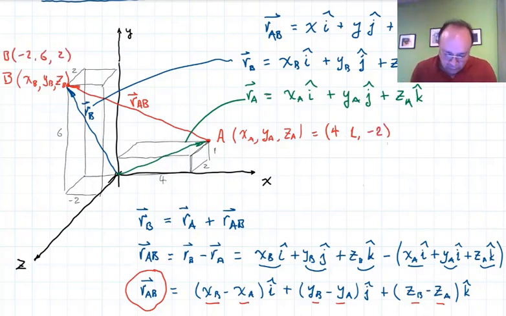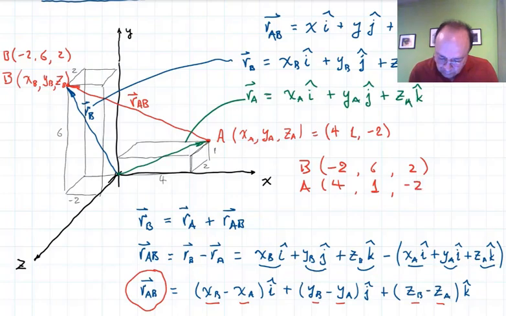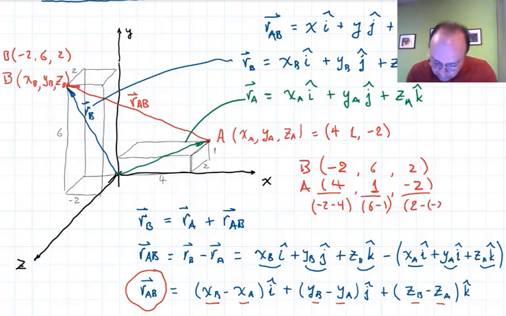So we have to do the subtraction of the coordinates of the points. So let's put here point B: minus 2, comma 6, comma 2, and A equals 4, 1, minus 2. So we do the subtraction of this. Here we have minus 2 minus 4, here we have 6 minus 1, and here we have 2 minus minus 2.